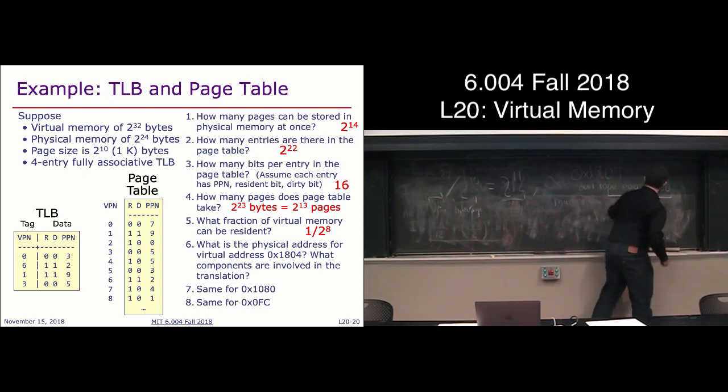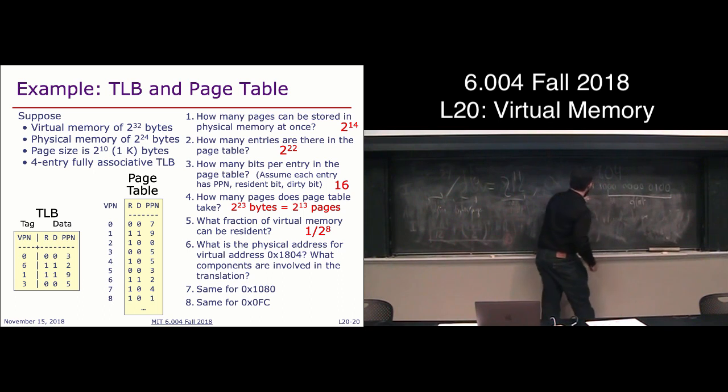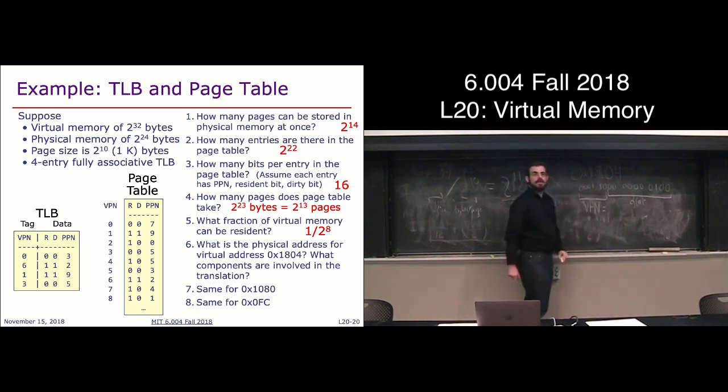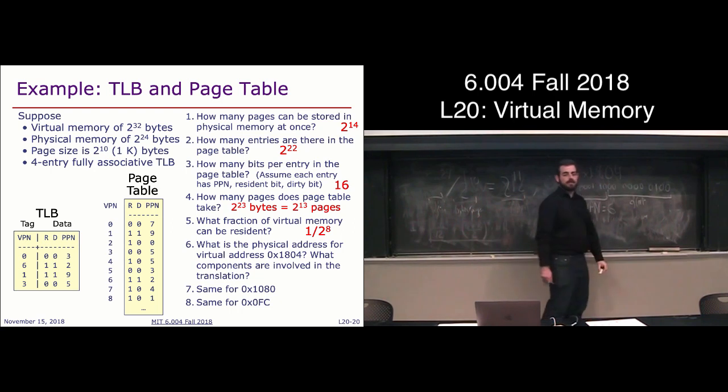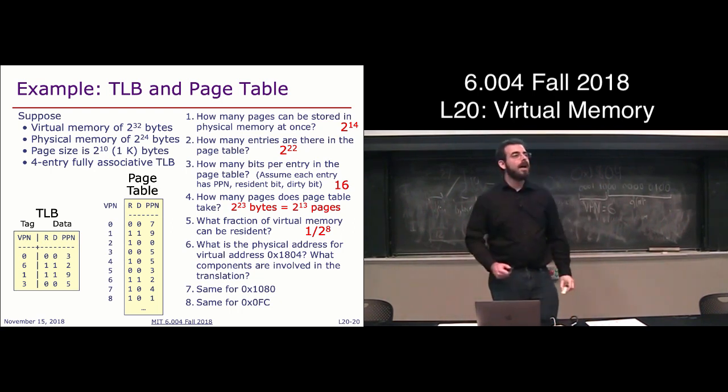This is your offset, and these bits are your virtual page number. And what is this virtual page number? 110, which is 6, right?